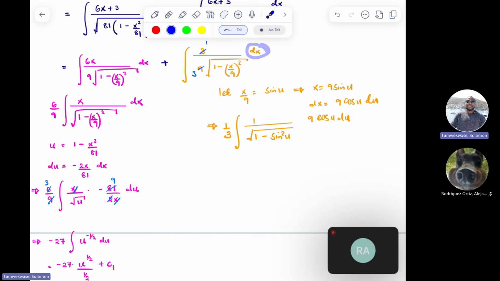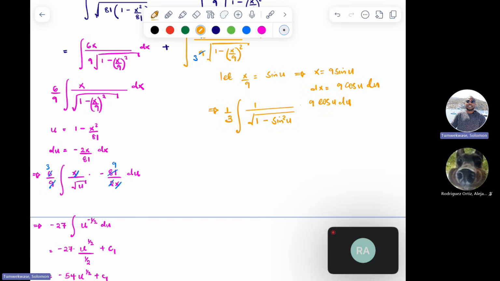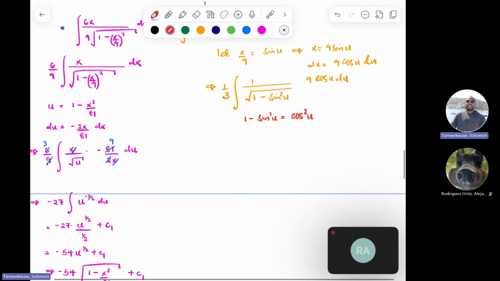I'm substituting for this dx here, which gives me this. Now, 1 minus sine squared u is the same as cosine squared u. And cos squared u under the square root means that we just remain with cos u.